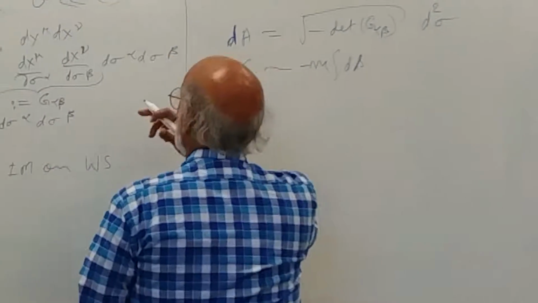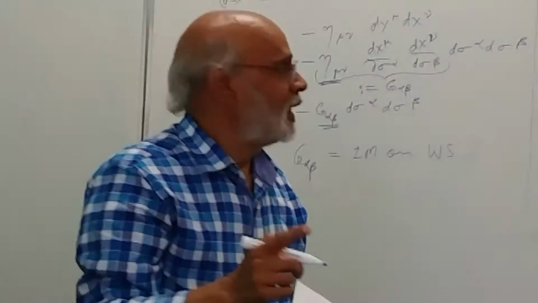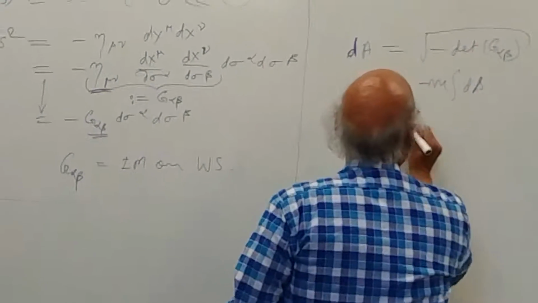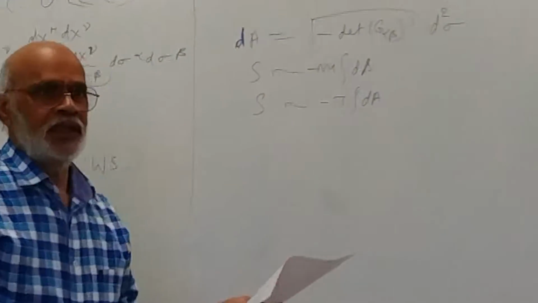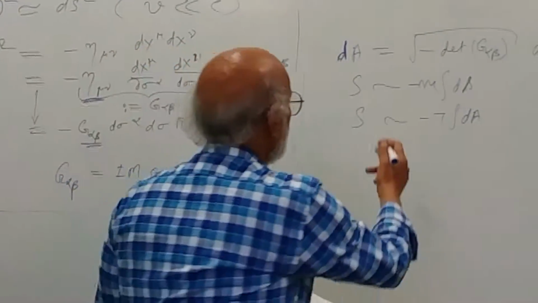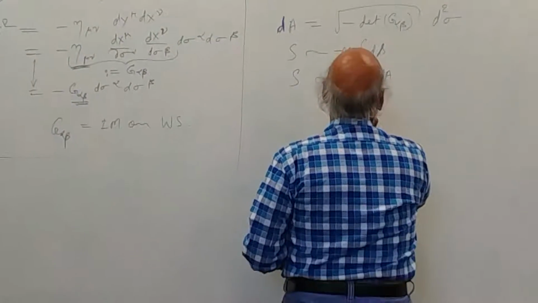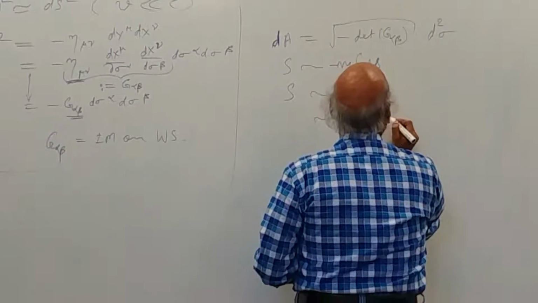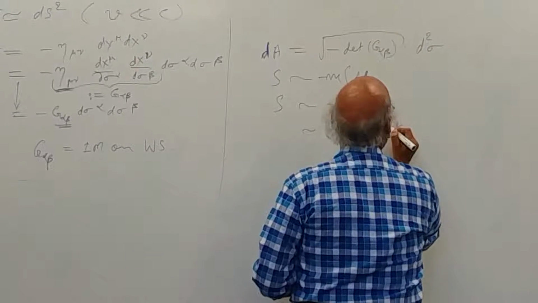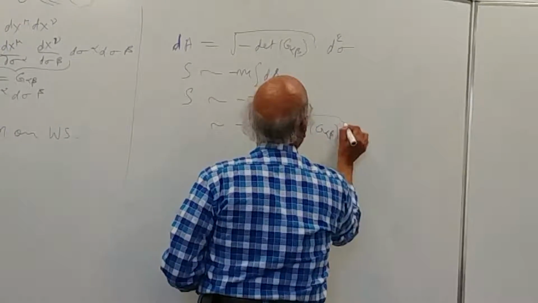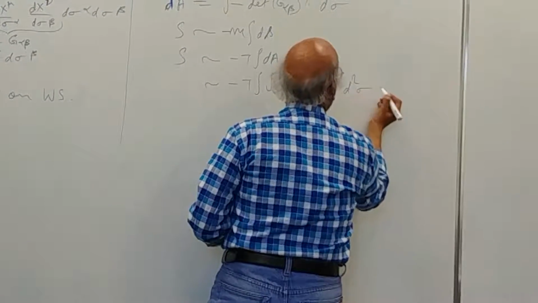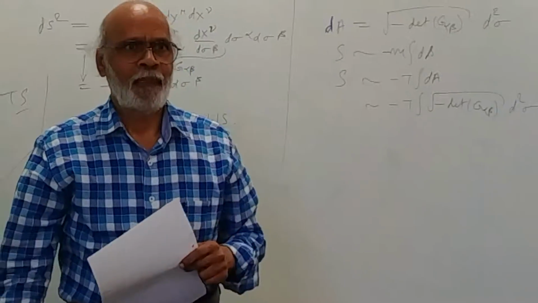For that zero-dimensional object, the action was proportional to the length, and here the action is proportional to minus dA, where dA is this element, integrated over d sigma.